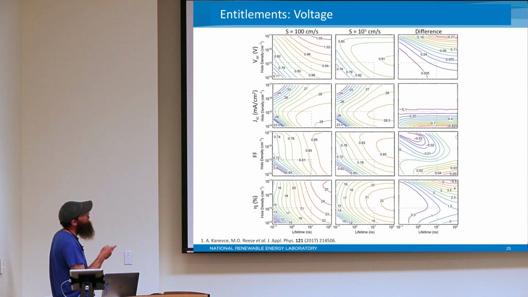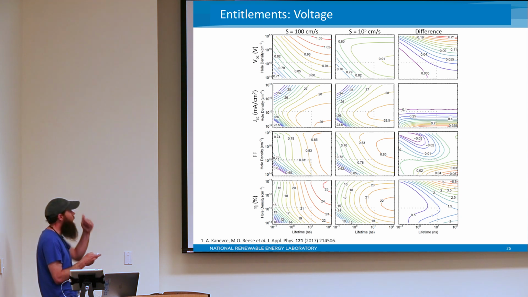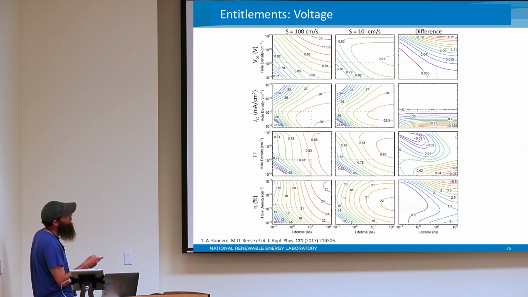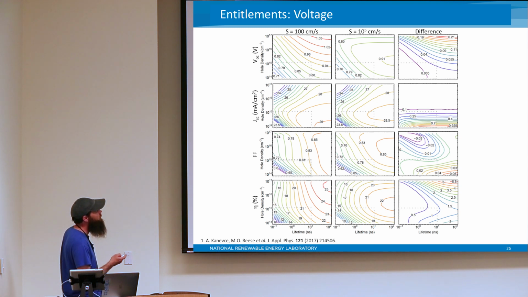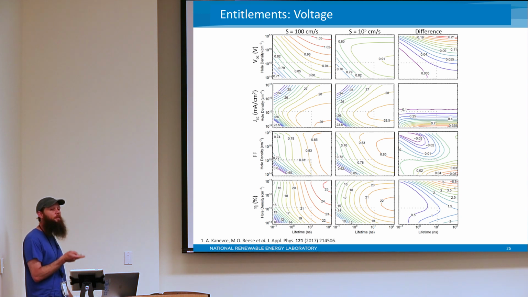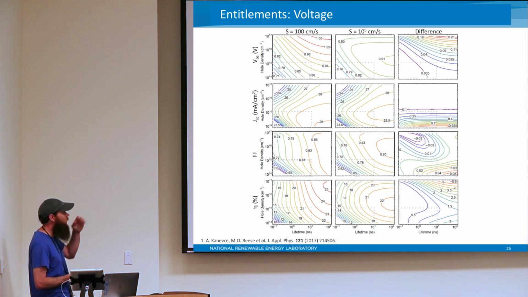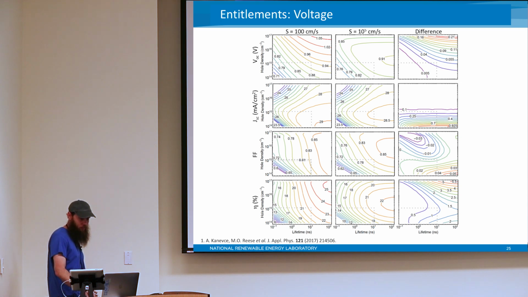Then this column here is a low front interface recombination velocity, and this is a high one, 10 to the 5th. And if you look at these, the difference between them is very, very small. It doesn't really matter what your interface recombination is, as long as you have low carrier concentration and low lifetime. But as soon as you start stepping outside of that box, you start seeing differences. So this is what we've been trying to do, to get ourselves outside of that box.